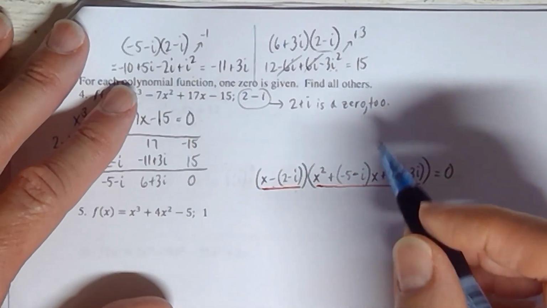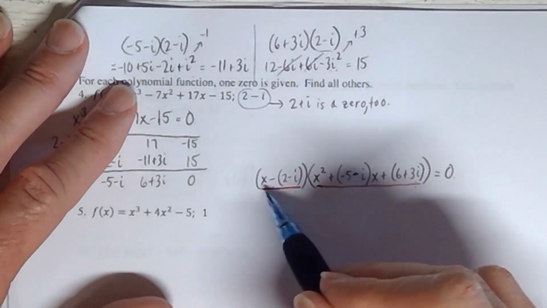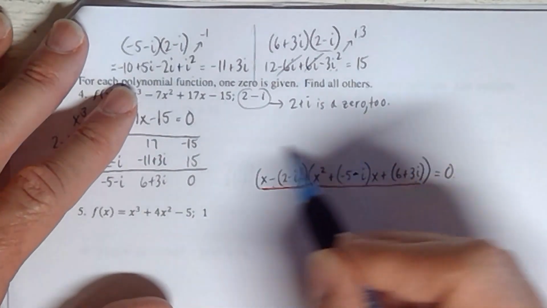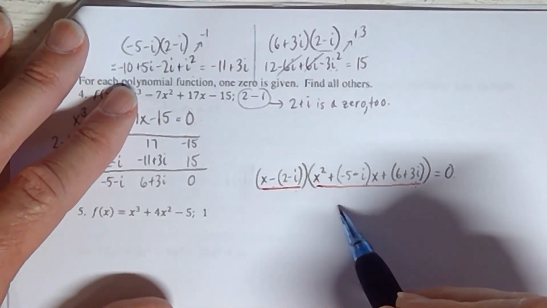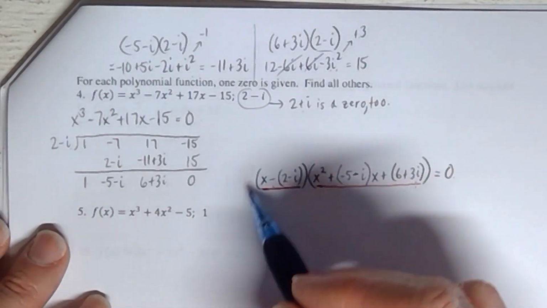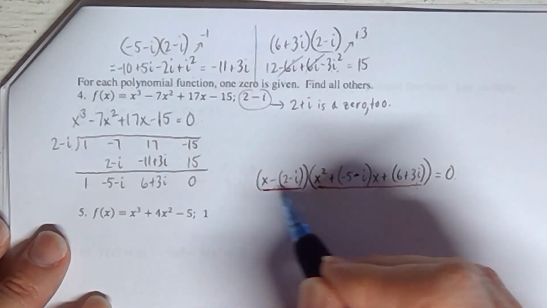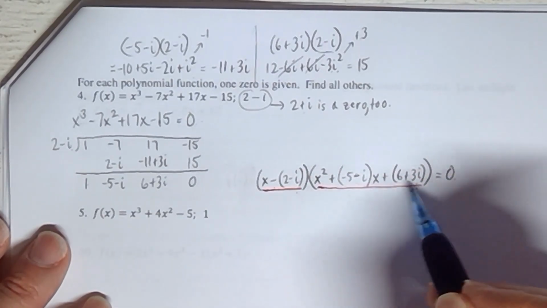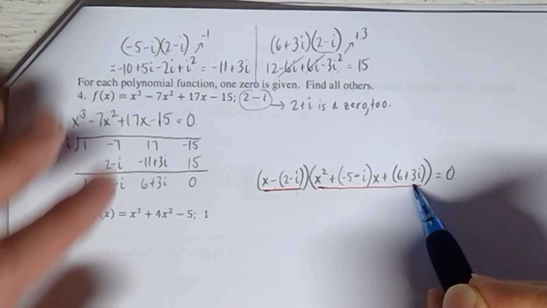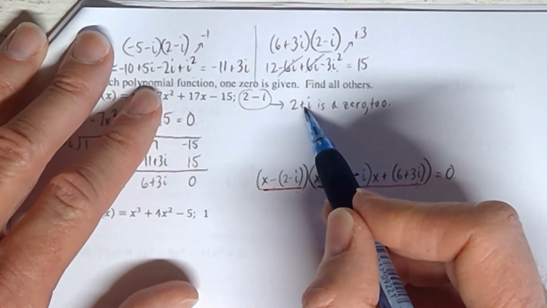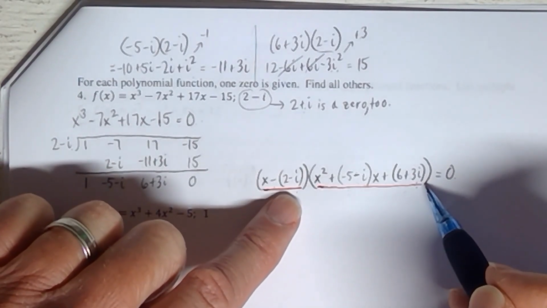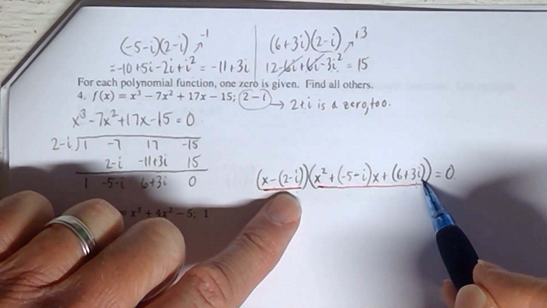So since this number is supposed to make this whole thing equal to 0, because this whole thing is equivalent to the original function, and since it doesn't make this one equal to 0, it then automatically must make this one equal to 0. And what does that mean again, you guys? Since this thing is now a 0 of this, because it can't be a 0 of that factor, it makes this one equal to 0.